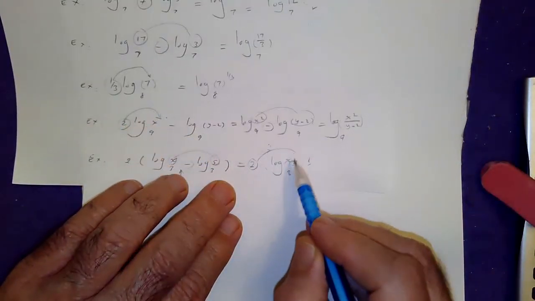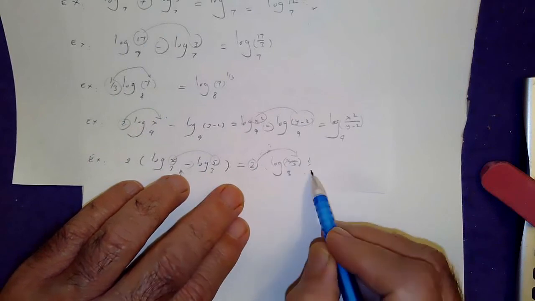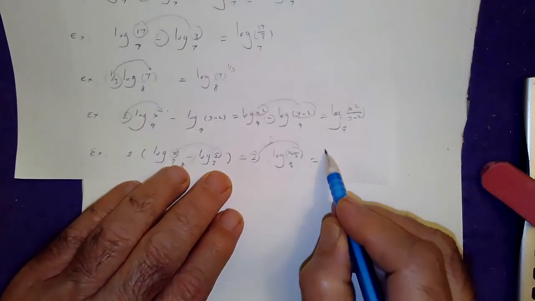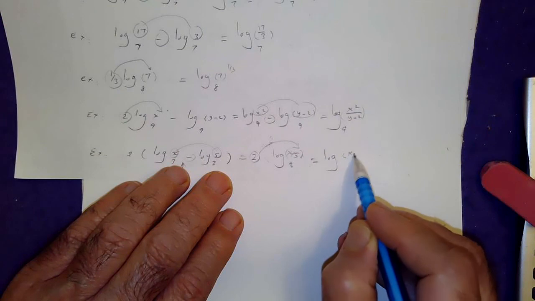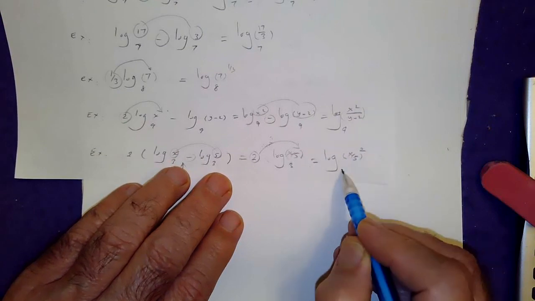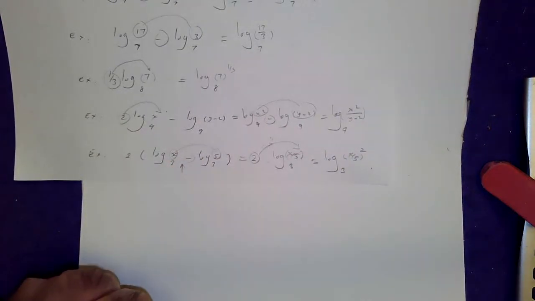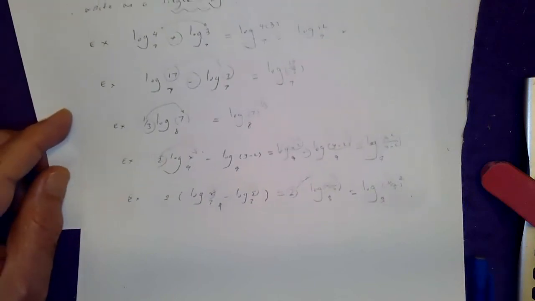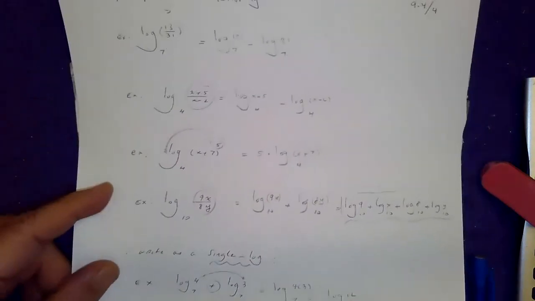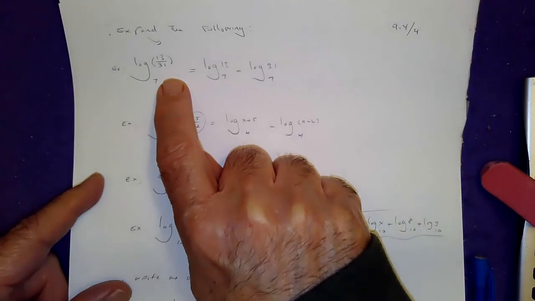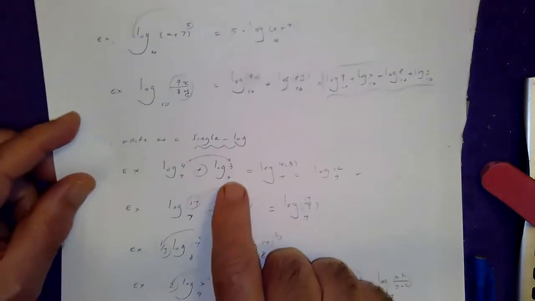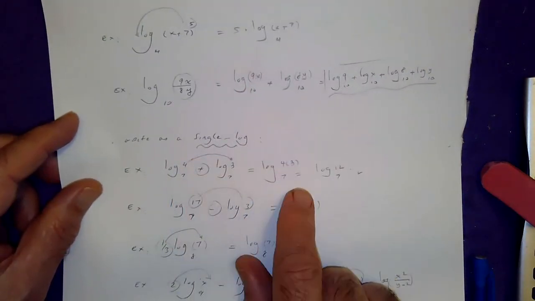It must have come from the power of the logarand. So put it back where it came from. So this would be log of x over 5, squared, base 3. And that's pretty much how you use the rules to either expand the logarithmic expressions or write them as a single log.